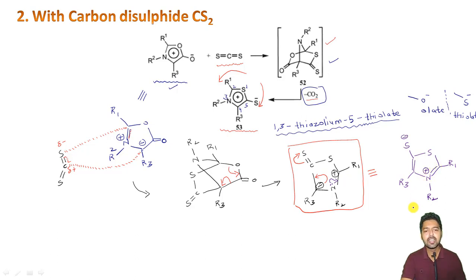Okay, and now we can even represent this structure in some better form. And what will that be? If you remember, if we are having this type of structure with a positive sign, I can show it in this way, means the nitrogen, the positive charge delocalized over the whole of the ring. And the same thing is also applicable here.